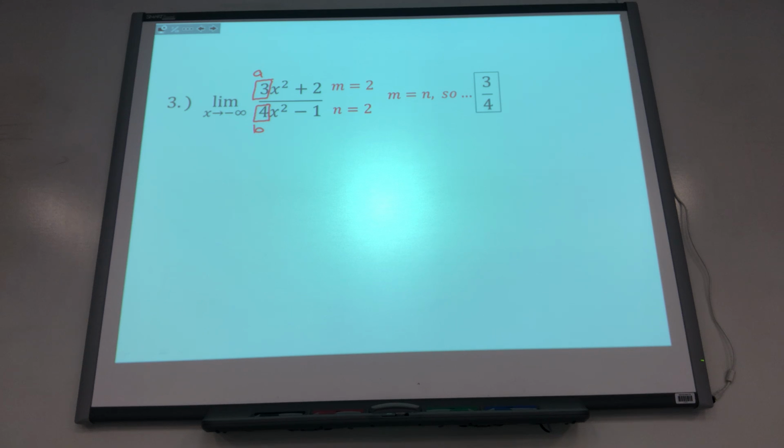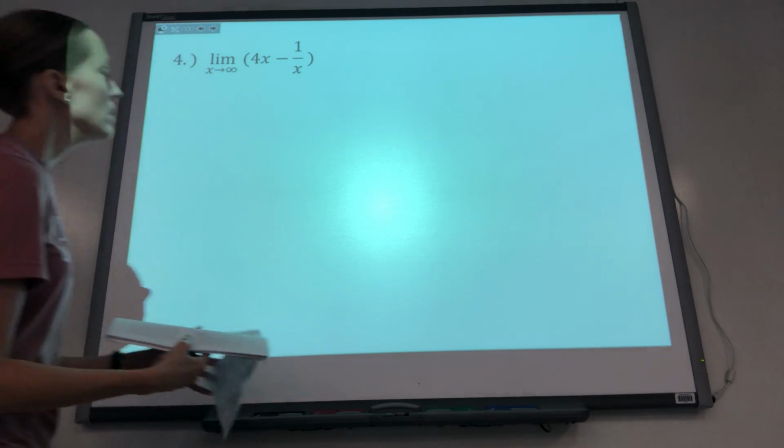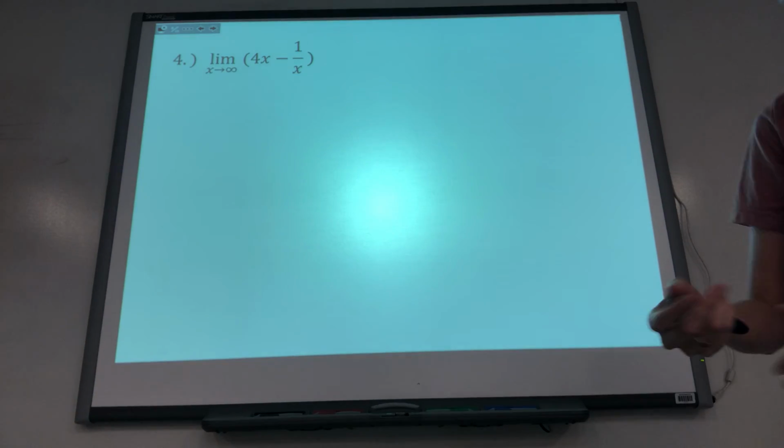I'm going to keep moving here. Stop me if you have any questions. Number 4, this is a good one. We have the limit as x approaches positive infinity of 4x minus 1 over x.